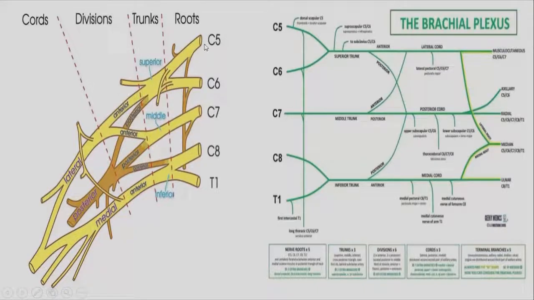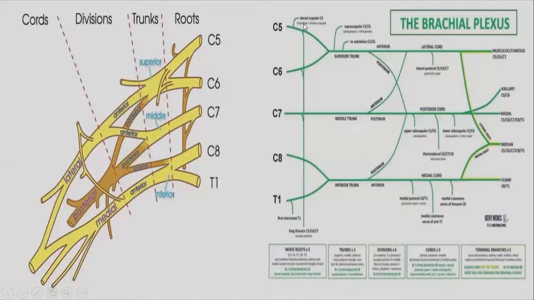Then you have minor nerves coming from the brachial plexus. For example, from the C5 root, you have this small nerve, known as the dorsal scapular nerve. If you look at the dorsal scapular nerve, it innervates the rhomboid muscles.